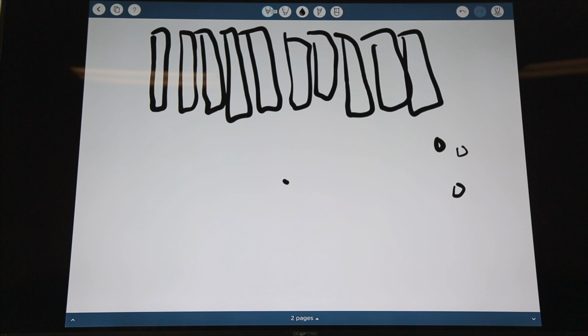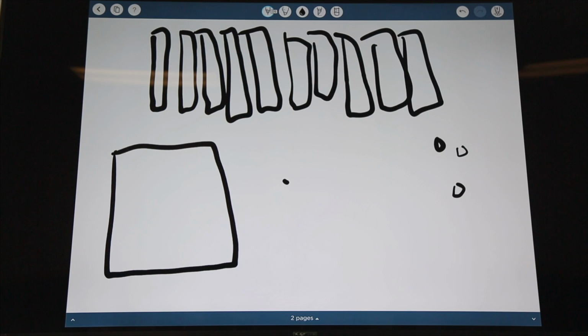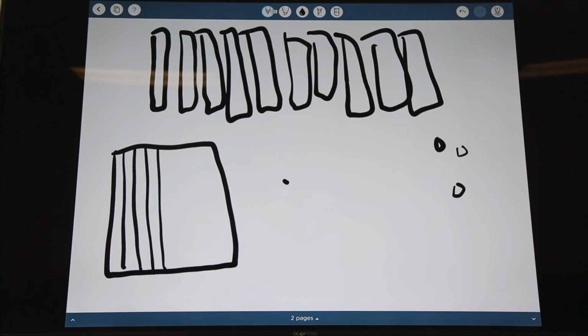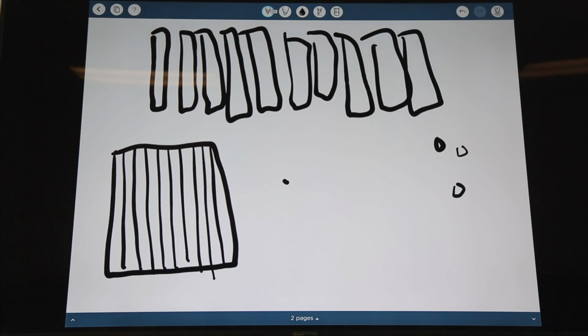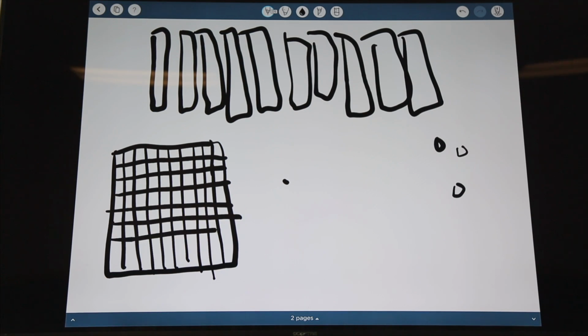We have 100. But if we want to keep them organized, we could have a square that has a width of 10, 1, 2, 3, 4, 5, 6, 7, 8, 9, 10, and a length or height of 10.